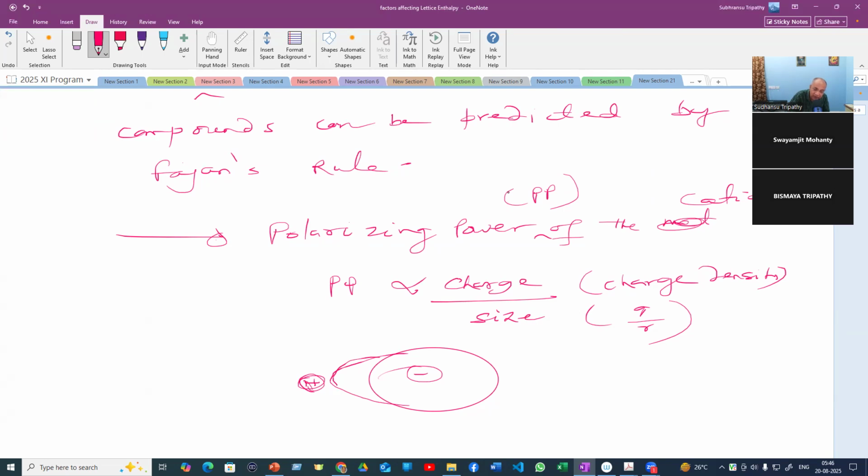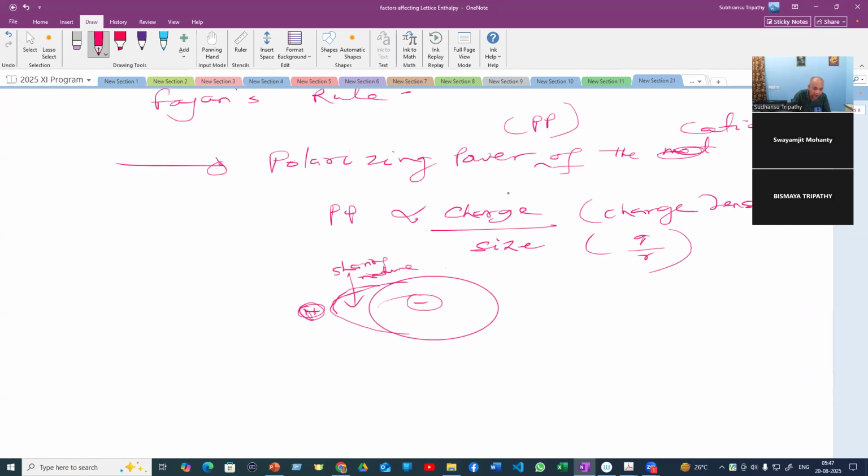Some of the electron density will come to the sharing mode with the cation, so that some covalent nature will develop. So more the polarizing power, more is the covalent character.